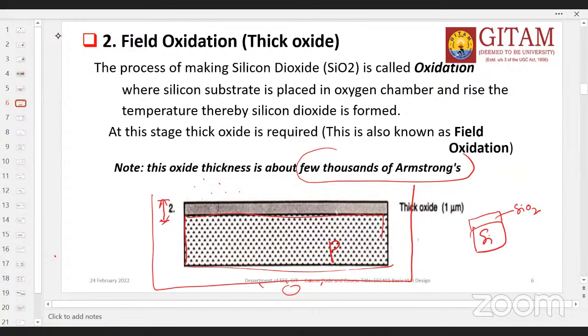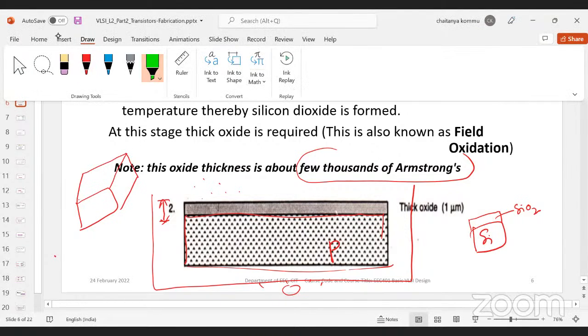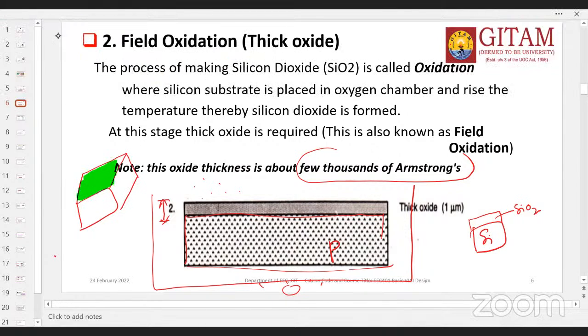For example, in a top view, if I form silicon dioxide on top, can we tell what is under the green color? We cannot predict that. But in the side view, it is possible to say, because we are talking about thickness. By observing the thickness, we can say it, right? So this is our silicon dioxide.